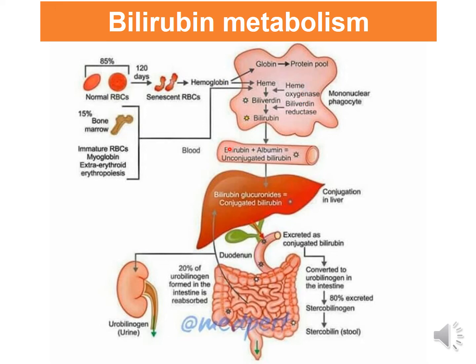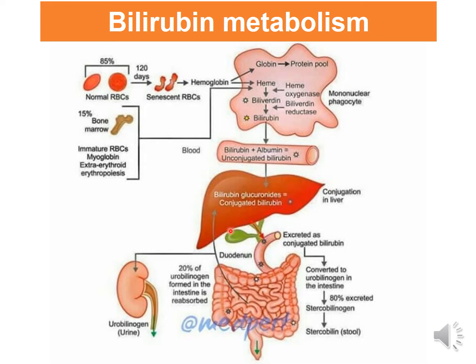Then bilirubin plus albumin form unconjugated bilirubin in blood, and conjugation of bilirubin occurs in the liver. Bilirubin binds to glucuronic acid and forms conjugated bilirubin.